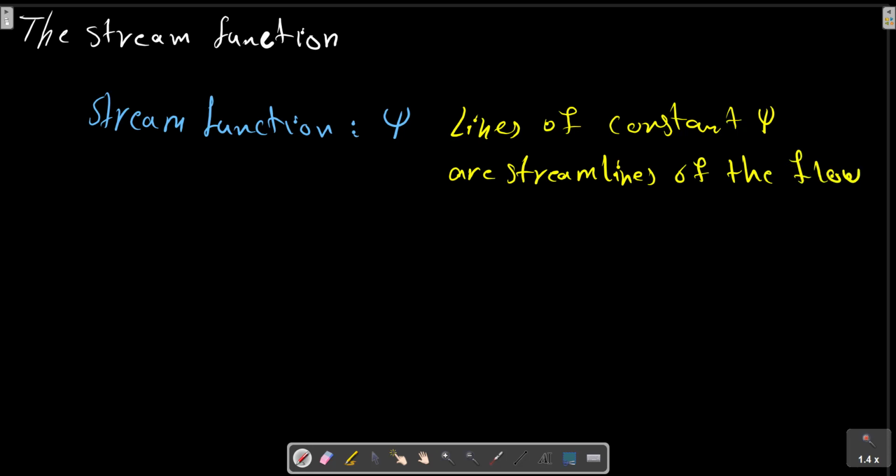The stream function idea works only if the continuity equation can be reduced to two terms. In general, we have four terms for the Cartesian continuity equation, for example.